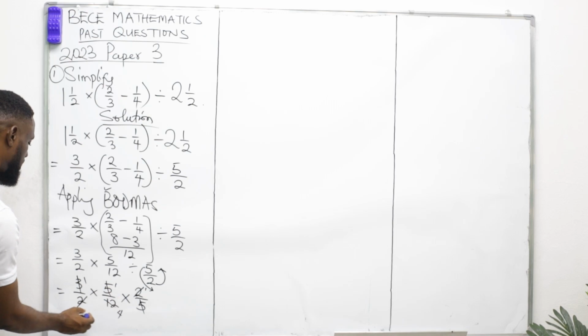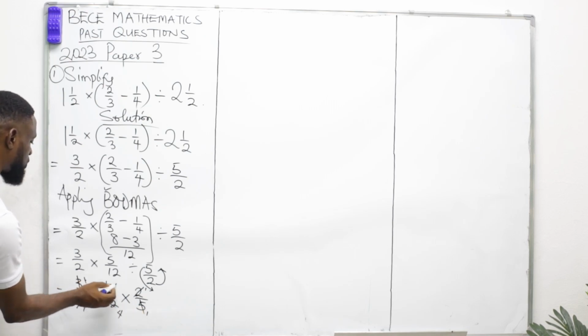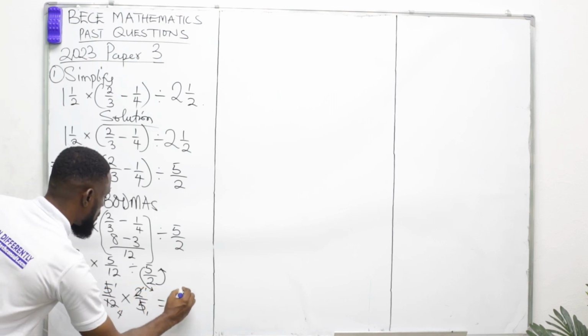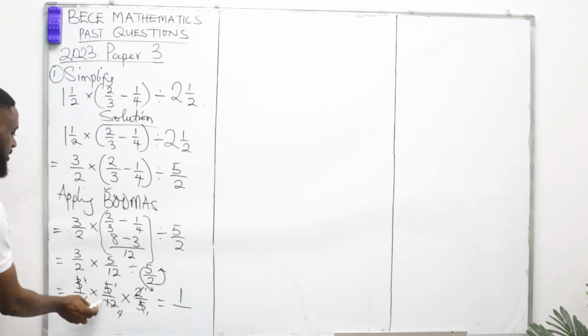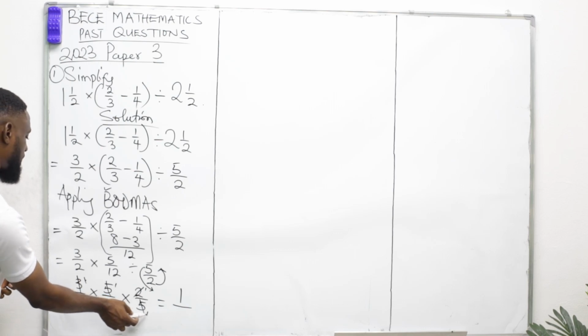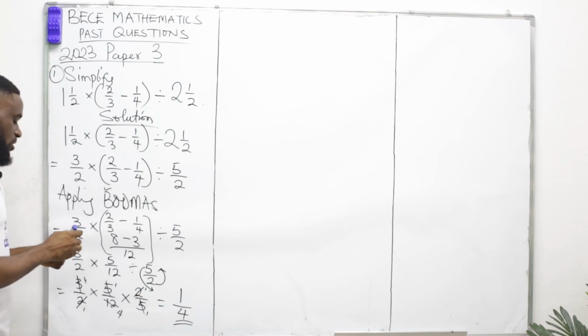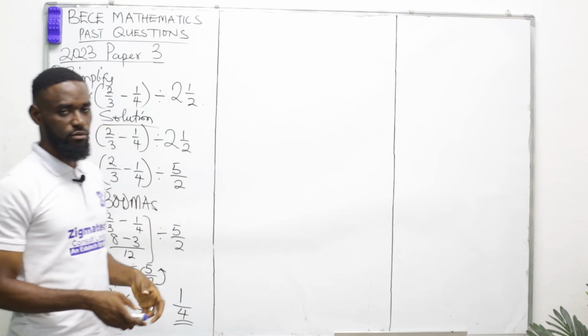This place is 1, this place is 1, this place is 1. So 1 times 1 times 1 is equal to 1. So the answer is 1 all over, here we come here, 1 times 4 times 1 is equal to 4. So the solution to this is 1 over 4, right?